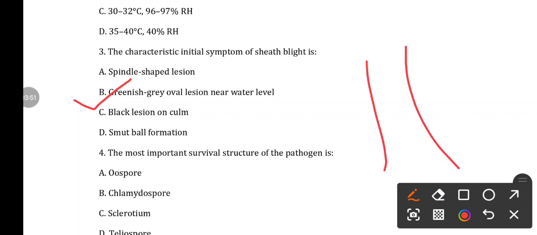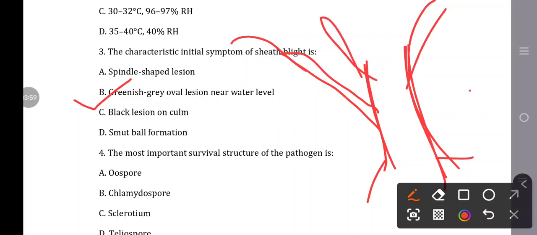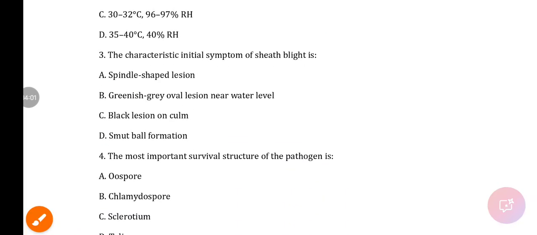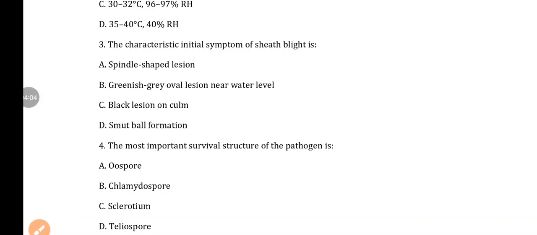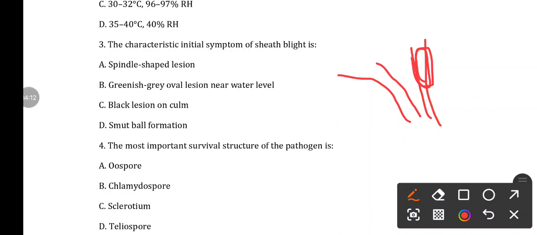So this is the leaf, this is the stem area, and the leaf will be formed here. In sheath blight, the symptom actually appears on the leaf sheath around the stem. There oblong to elliptical spots will develop that are generally greenish to grayish in color.